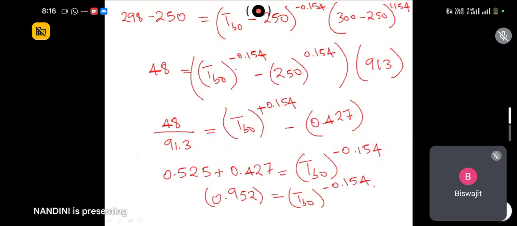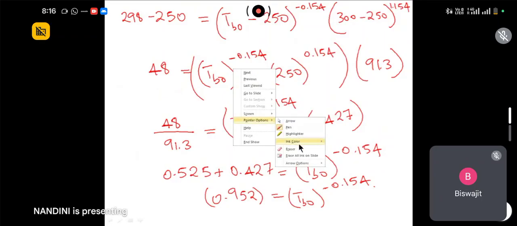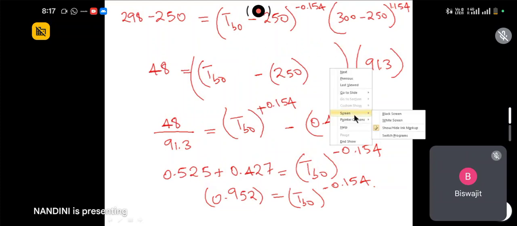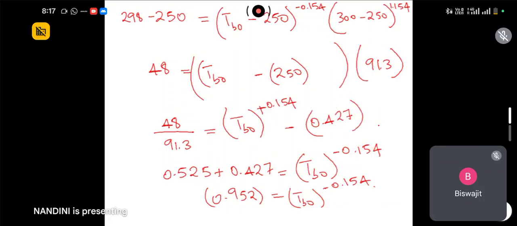Here, I think I made a mistake. It is TB0 minus 250, the whole raised to minus 0.154. So 48 divided by 91.3 is TB0 minus 250, the whole raised to minus 0.154.